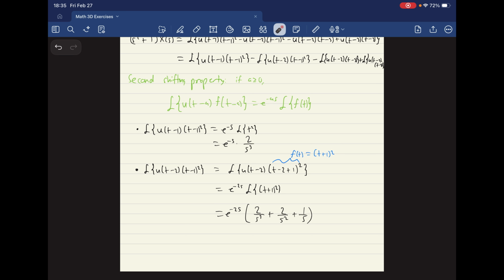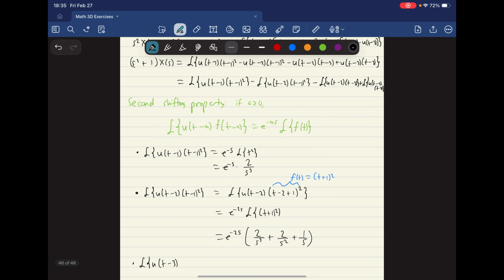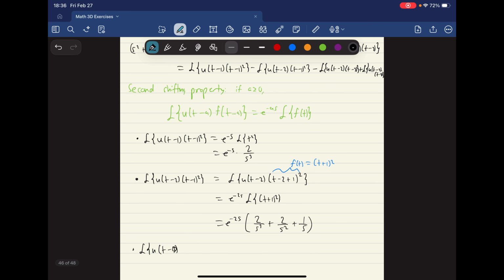Using the shifting property for the other two terms, we get similar expressions. So let me just run through these really quick. U of t minus 2, t minus 3. This is going to be e to the minus 2s. Now it's the Laplace transform, so we need to rewrite this as t minus 2 plus 1, or minus 1, sorry.